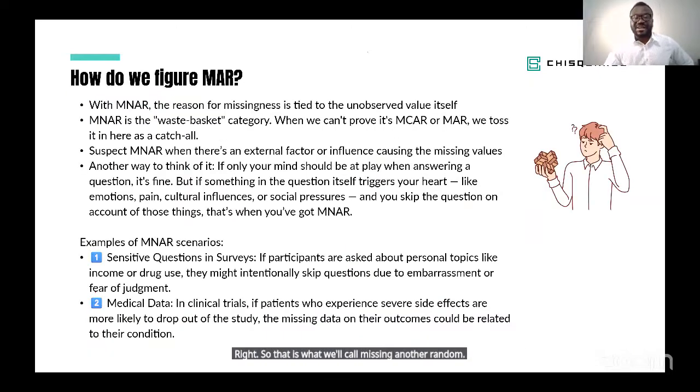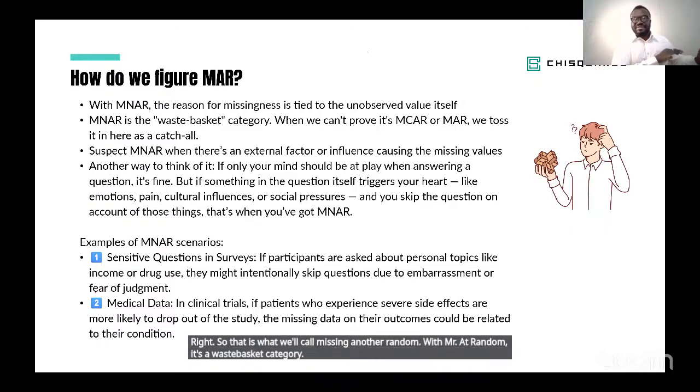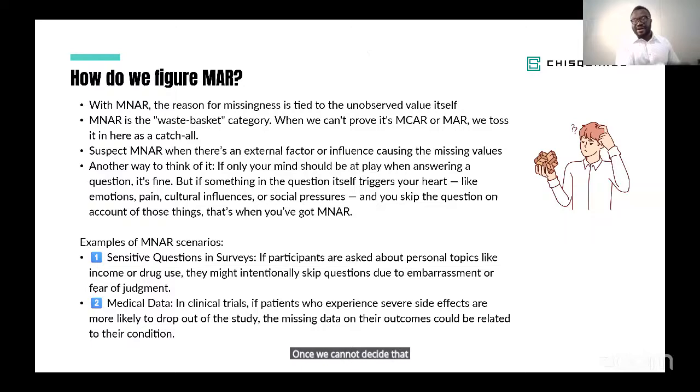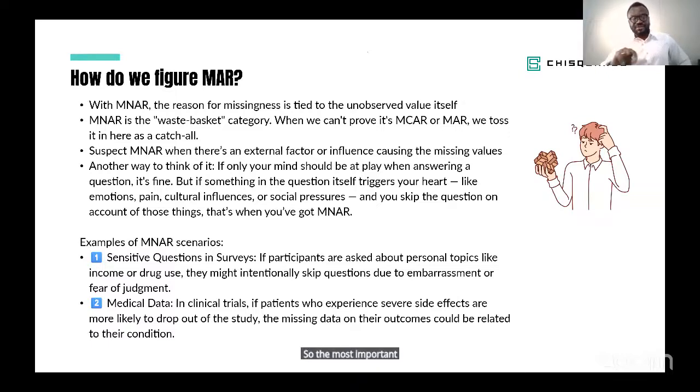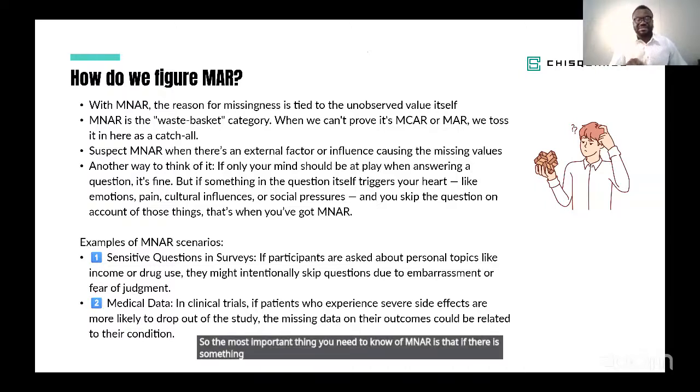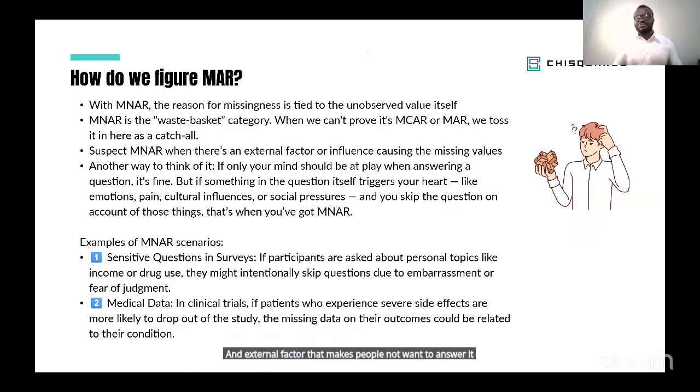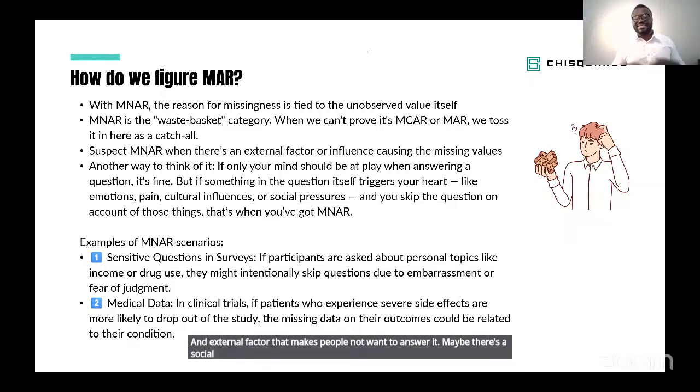Missing not at random is a wastebasket category. Once we cannot decide that it is MCAR or MAR, then by default it is missing not at random. The most important thing to know about MNAR is that there is something about that question, an external factor, that makes people not want to answer it. Maybe there's a social element to it, maybe the question triggers pains from the past, maybe there are social pressures.